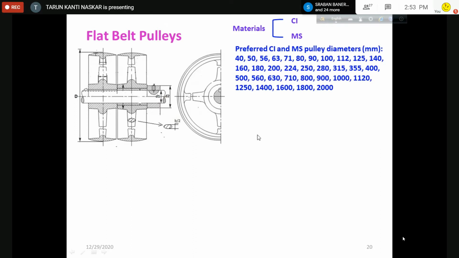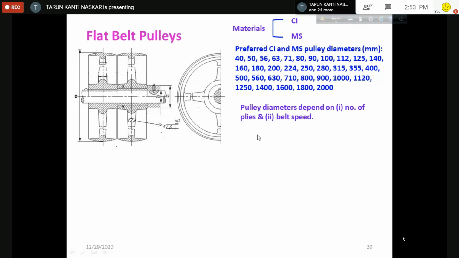Now the materials are CI and mild steel. The preferred CI and MS pulley diameters are this. This you will get in any handbook and also in your book. The pulley diameters depend on number of plies. I have already discussed what is plies. It depends on number of plies of belt and belt speed.